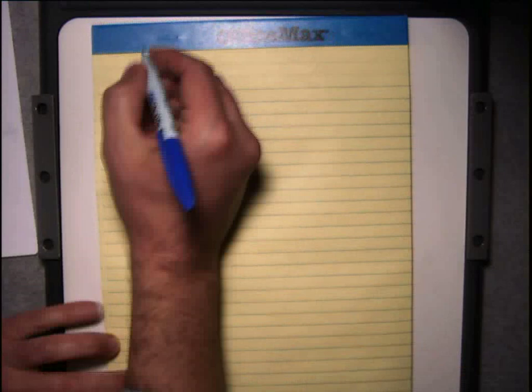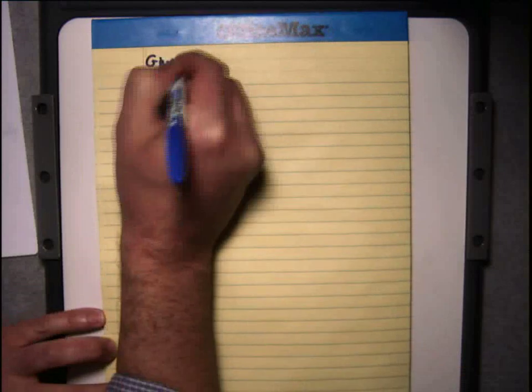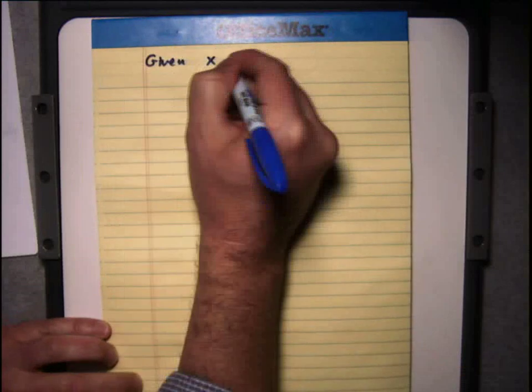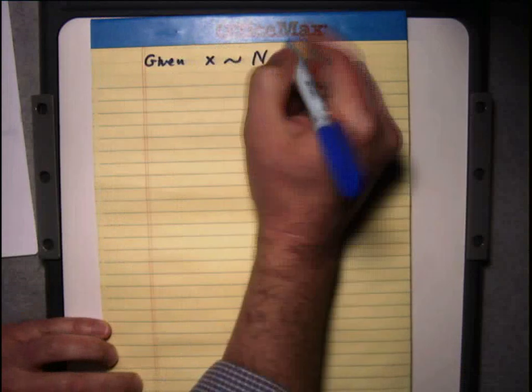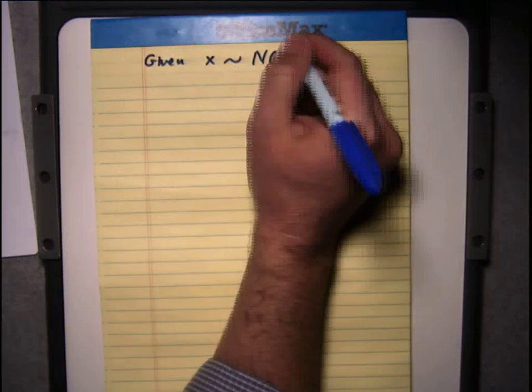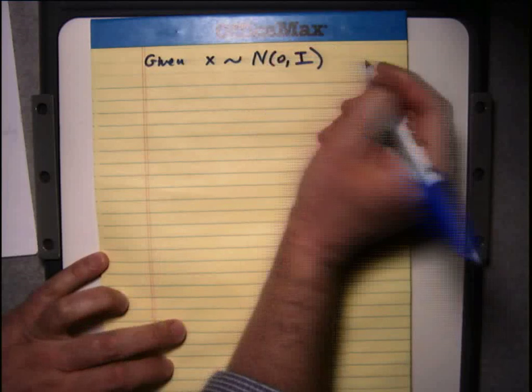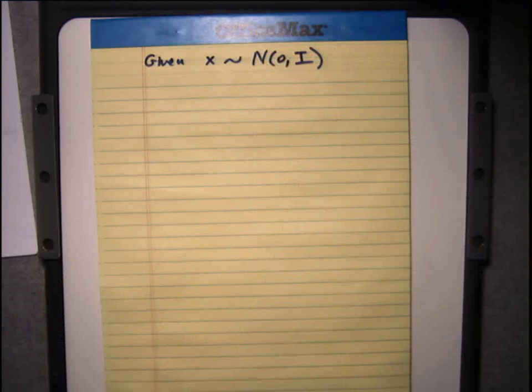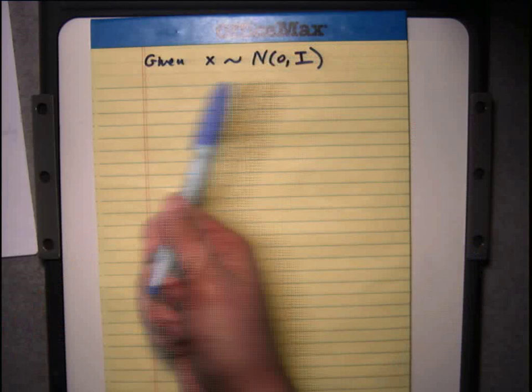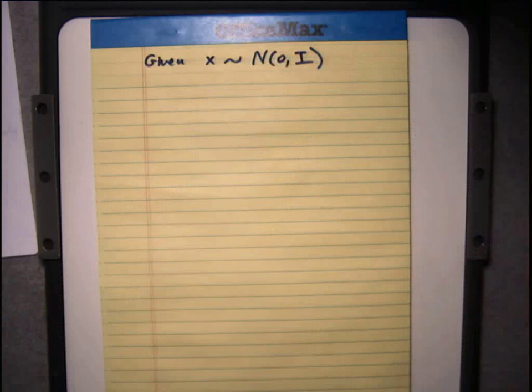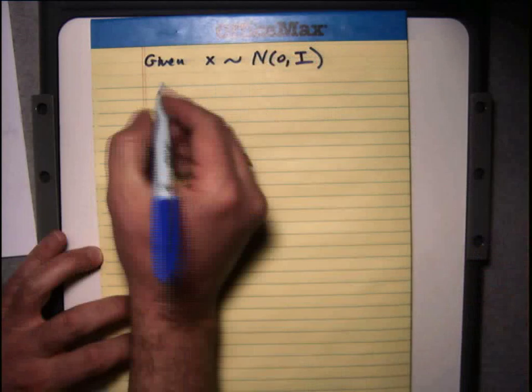Okay, now let's do something slightly different. Now suppose you're given a random variable x, which is, let's say, Gaussian, with 0 mean and identity covariance matrix. Now, first of all, in MATLAB, how do we generate something like this? This is very simple.